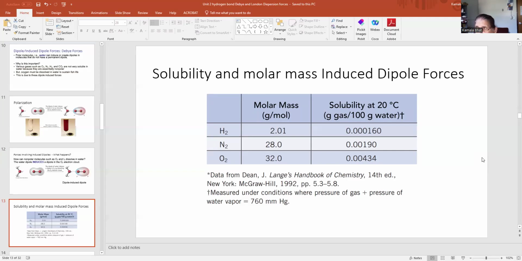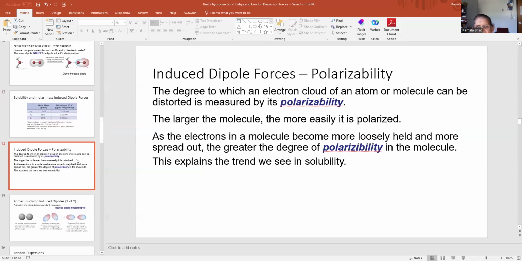For nitrogen it is 1.9 times 10 raised to minus 3 grams of the gas in 100 grams of water. And for oxygen, it is 4.34 times 10 raised to minus 3 grams per 100 grams of water. Now, these measurements are very important because they are required for the sustenance of life in water.